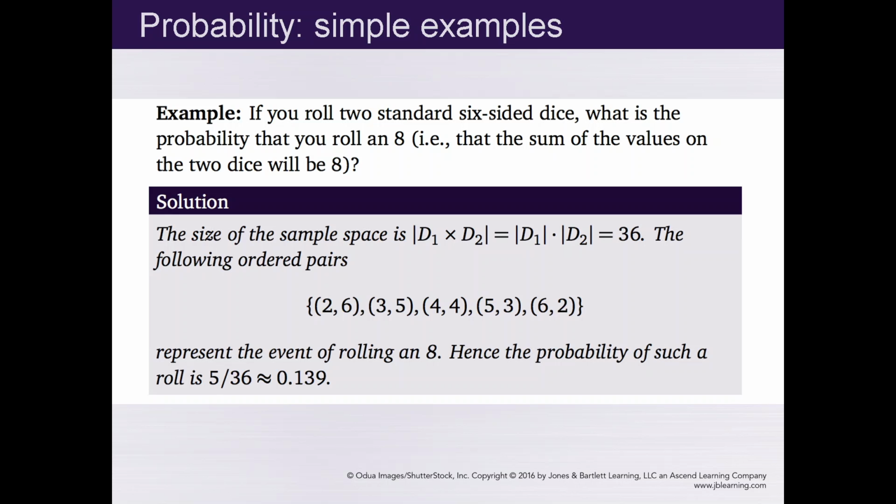You can get all these different pairs. So there's 36 things in the sample space, and then they list the ways that you can add to 8: 2, 6, or 6, 2, we're counting both; 3, 5, or 5, 3; and then 4, 4. So there's 5 different ways to roll an 8, and so the probability is almost 14%. Actually, 7 is the most common, so if you've played Catan, the robber's on the 7, and if you ever get sick of the robber, that's actually the most likely thing to happen.